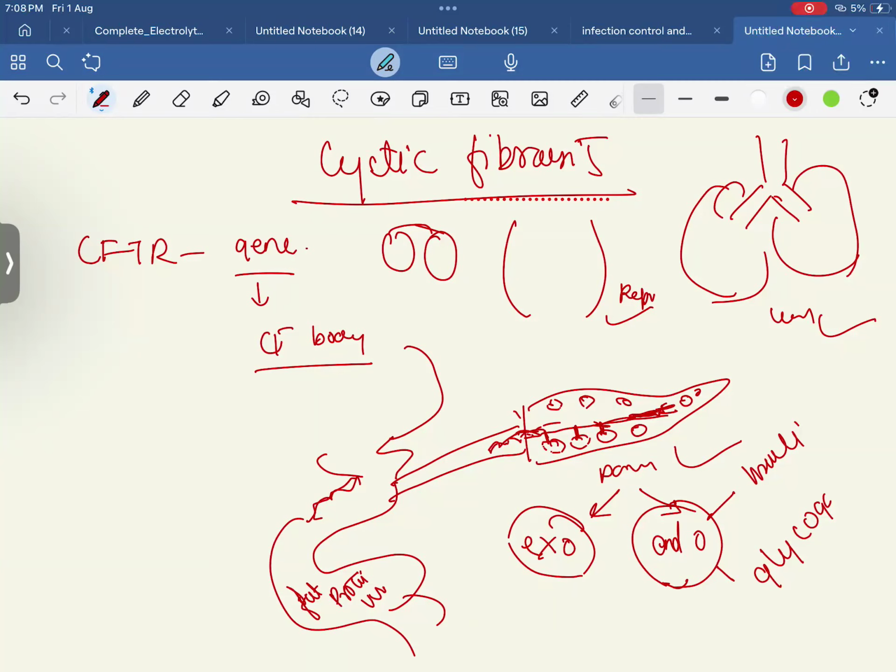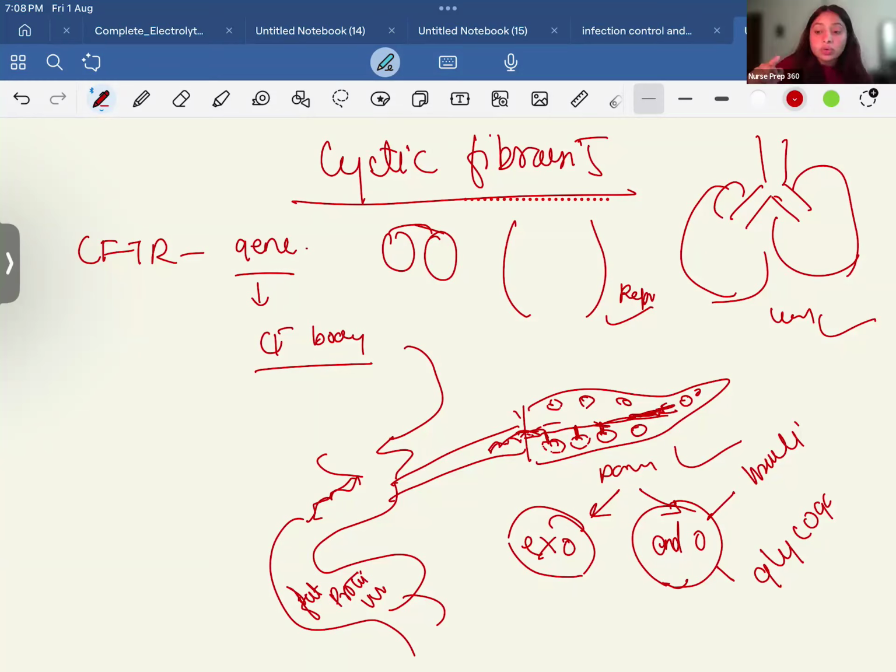No. So how will a patient of cystic fibrosis come to you? Very malnourished, because the body is unable to digest fat, carbohydrate, and protein, and the fat is removed out of your body without getting digested. So there would be fatty stools.